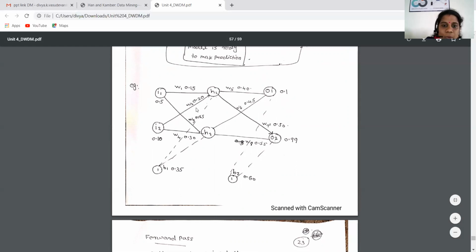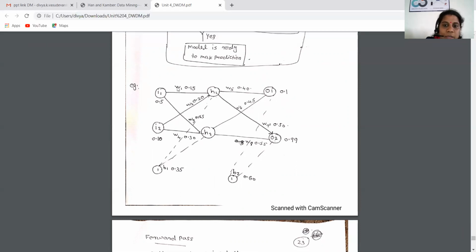For all these W1, W2, W3, and even B1, B2, we assigned random weight values. Then we calculated the output and compared the actual output with the calculated output. This much is known as the forward pass.